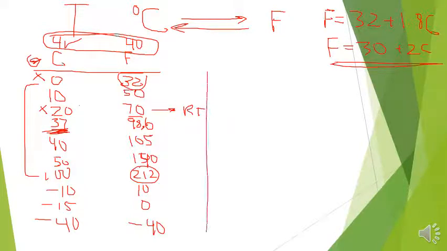Okay, so now the problem with both of these, Celsius and Fahrenheit, is they have negative values. And when we do the gas laws, that's going to turn out to be a bad thing, especially when you have Charles' law and Gay-Lussac's law.